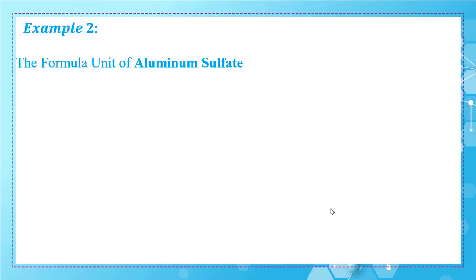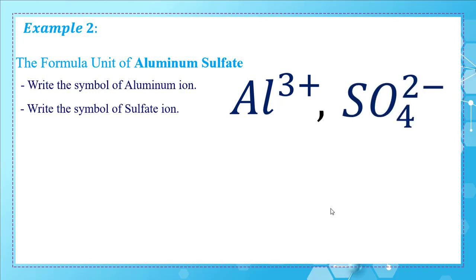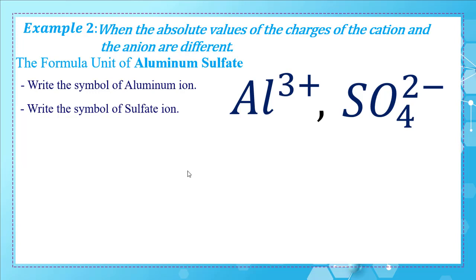In example 2, we should find the formula unit of aluminum sulfate. Similarly, we write the symbol of the aluminum ion, which is Al3+. The symbol for the sulfate ion is SO4 2-. However, if we look, the absolute values for the charges are not the same. We have 3 here, whereas here we have 2, so they are different.